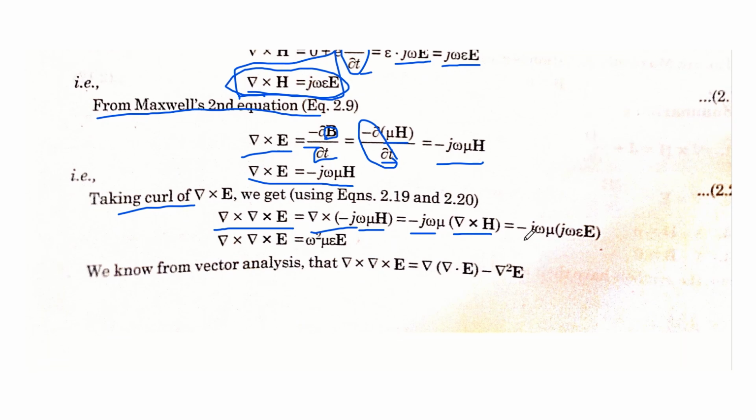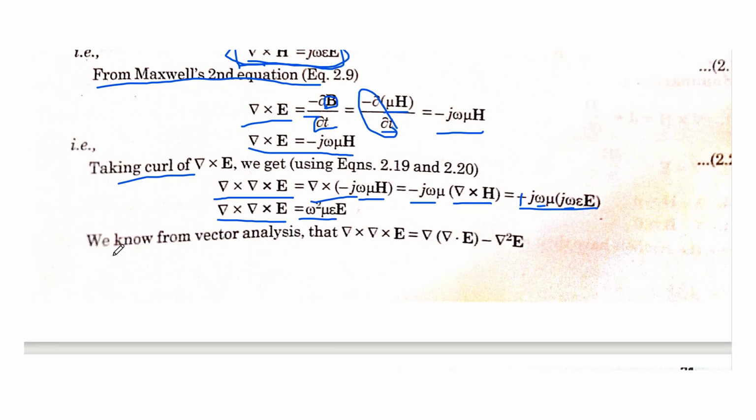Then our equation will be: minus J omega mu into J omega epsilon into E bar. Here we have J, and here also we have J. J into J is nothing but minus 1. Here already I have minus, so minus into minus is plus, and omega into omega is omega square. That is, del cross of del cross E is equal to omega square mu epsilon E bar.